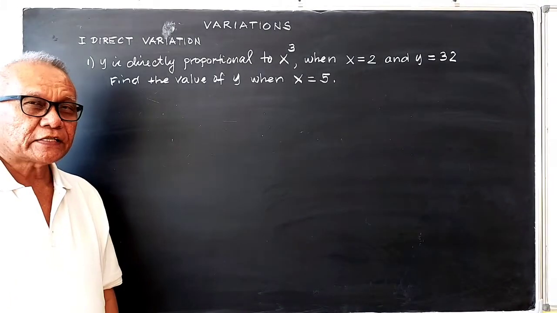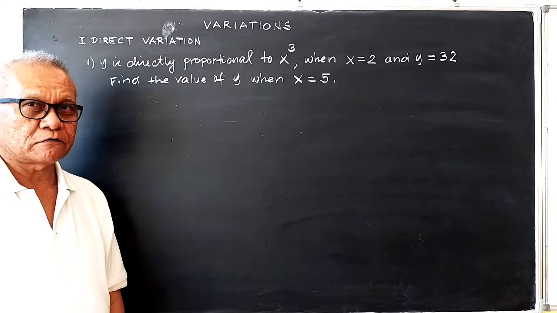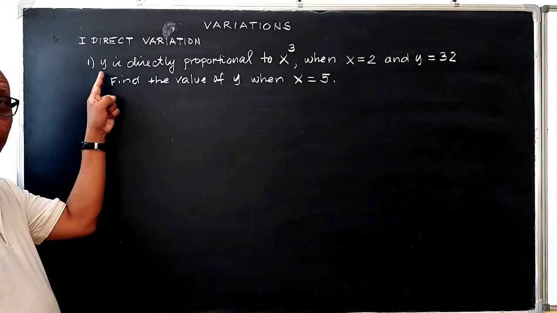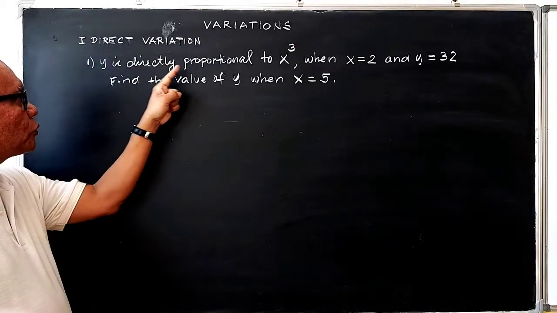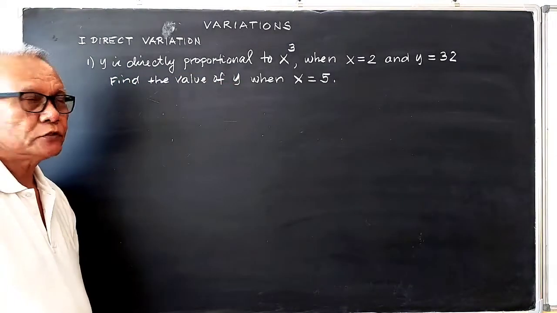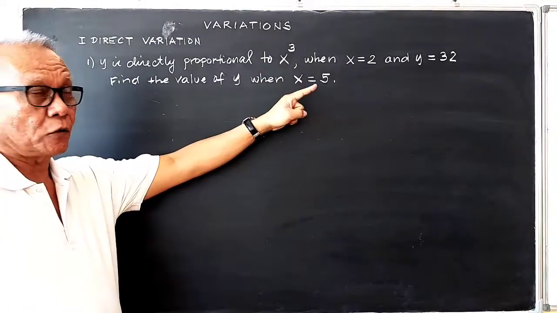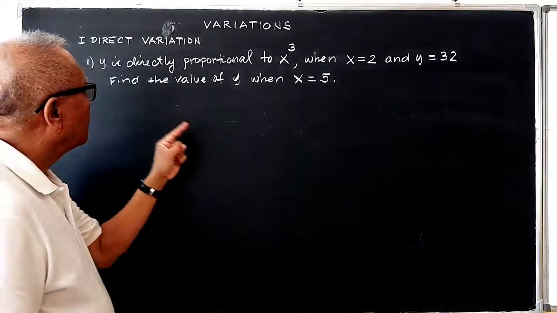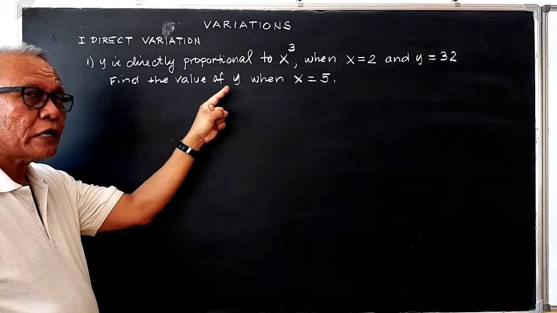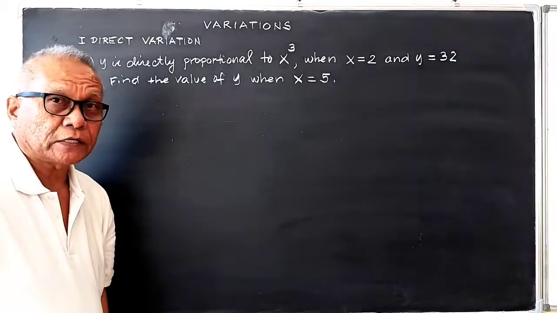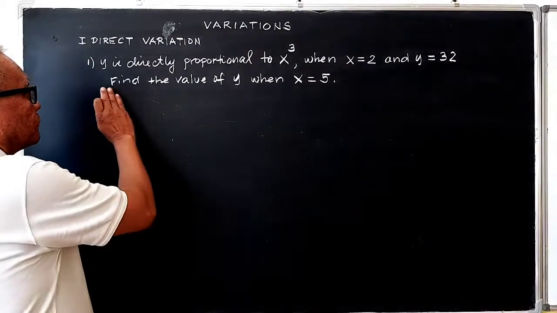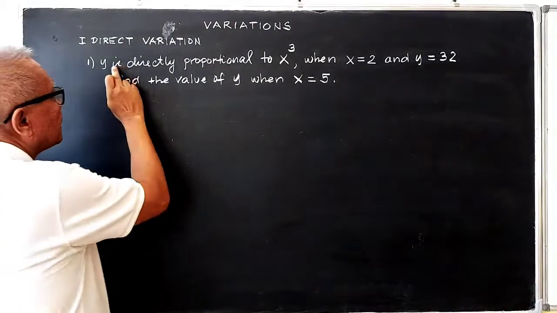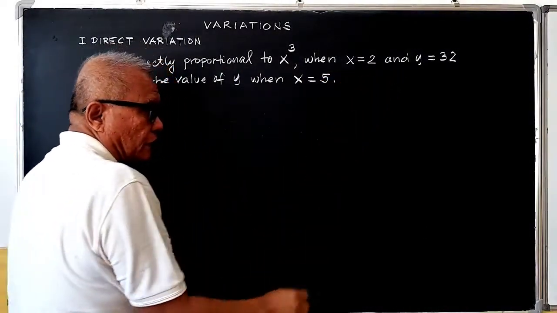Okay, class, so let's have example number 1 of direct variation. So we have here y is directly proportional to x cubed when x is equal to 2 and y is equal to 32. Find the value of y when x is equal to 5. So first, forget this one and let us concentrate ourselves here up to that y is equal to 32.